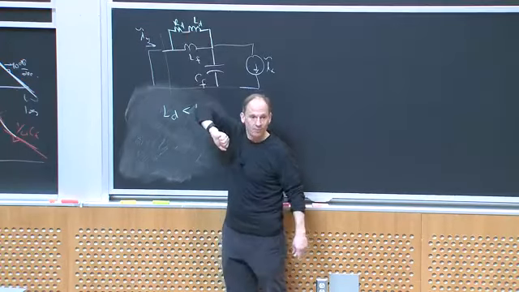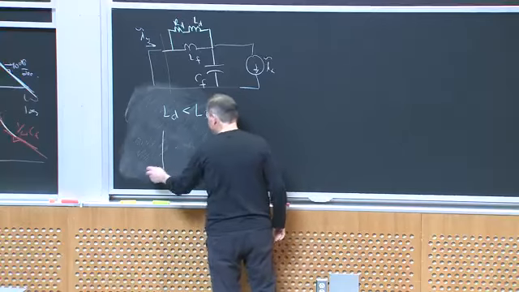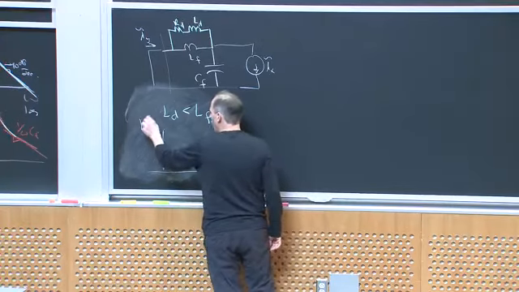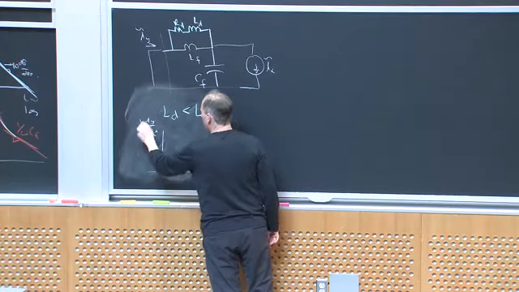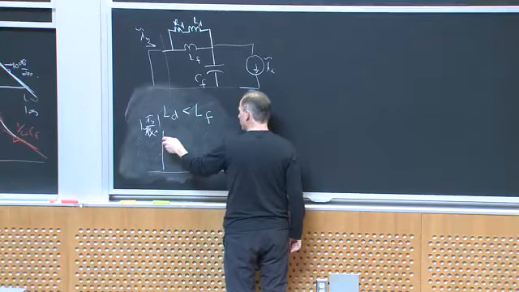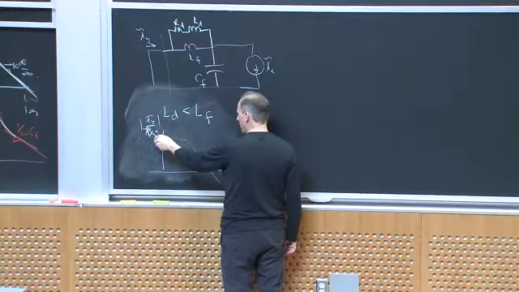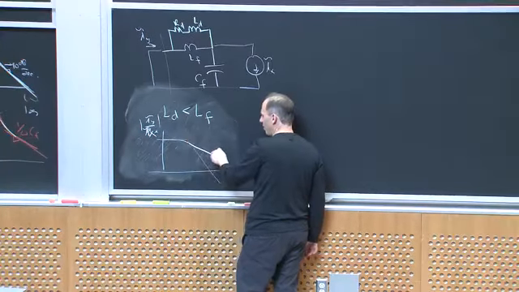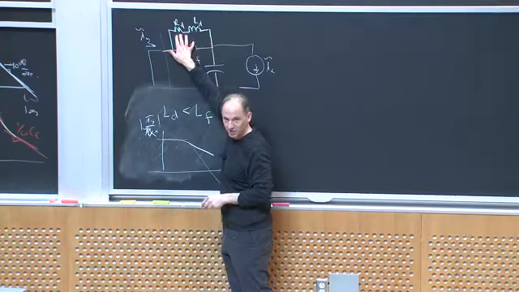Because LD is small. So what will happen is, if I looked at IY over IX, instead of cutting off at minus 40 dB per decade, I'm going to cut off at minus 20 dB per decade because all I have is this damping resistor being important.